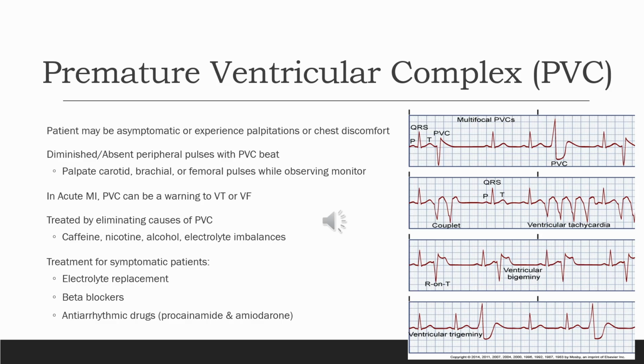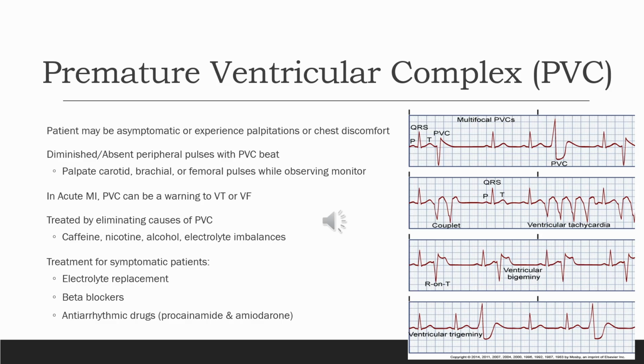If you're listening to a patient who's having PVCs and feeling their radial pulse, you may hear the PVC via auscultation, but you may not feel it in their radial pulse, again, because the stroke volume is diminished with these PVCs. So we see those diminished or absent peripheral pulses.